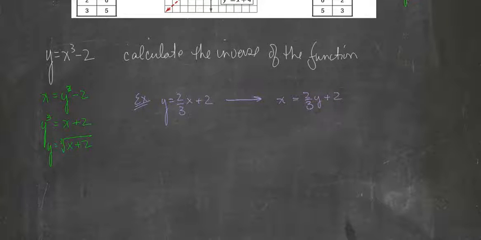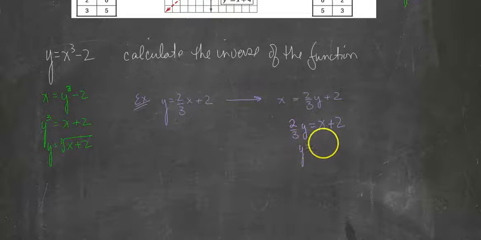And then I want to solve for y, because even when it's an inverse, we want to have y as a function of x. So I have 2/3 y equals x plus 2. Okay, and then I'm going to multiply both sides by 3/2.